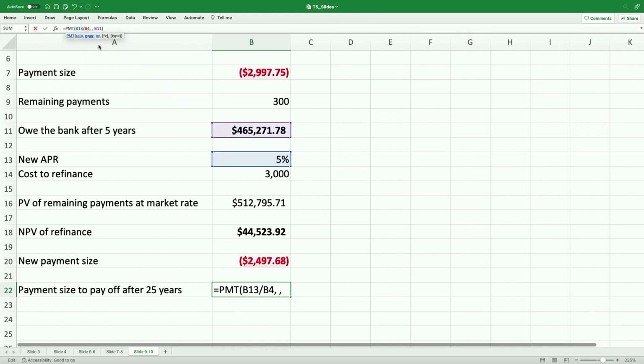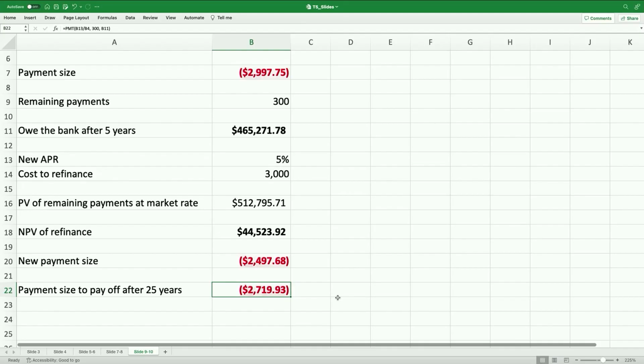The number of months will be 300, right? $2,719.93. Okay? So if you make a monthly payment of $2,719.93, rather than $2,497.68, you can pay this off in 300 months rather than 360 months.